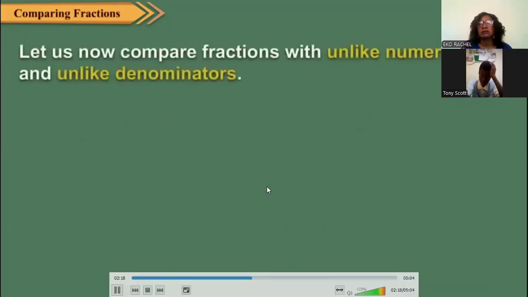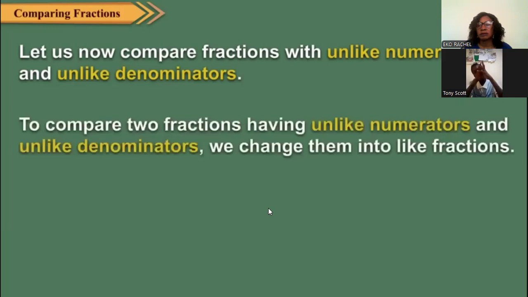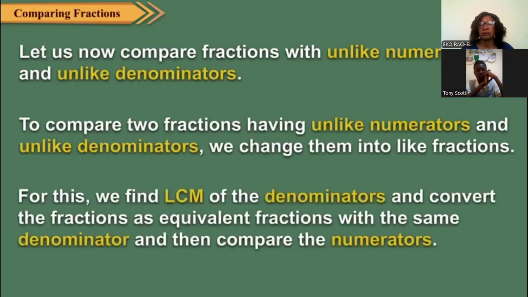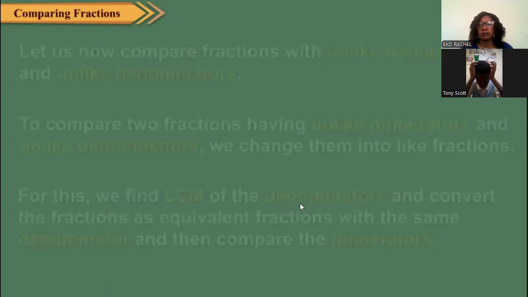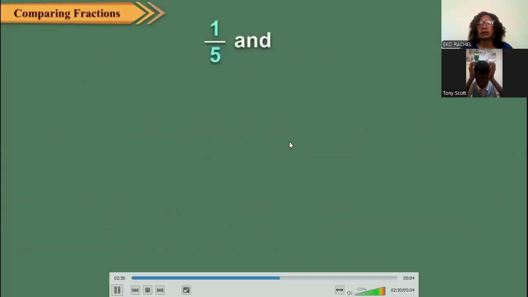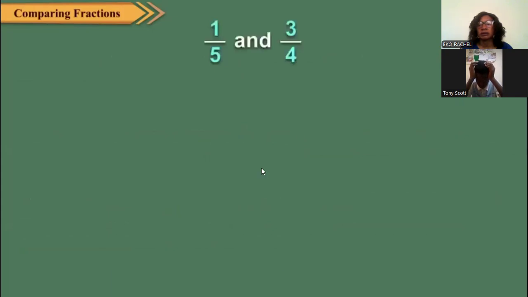Let us now compare fractions with unlike numerator and unlike denominators. To compare two fractions having unlike numerator and unlike denominators, we change them into like fractions. For this, we find the LCM of the denominators and convert the fractions as equivalent fractions with the same denominator, and then compare the numerators. Let us compare 1/5 and 3/4.